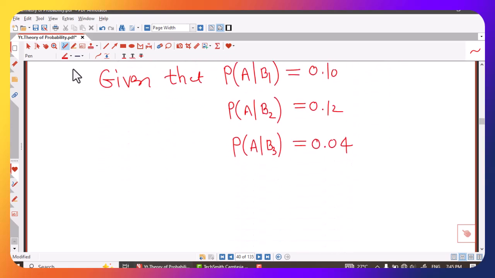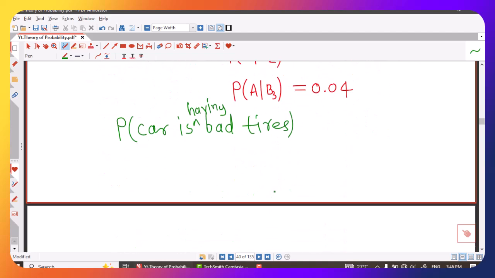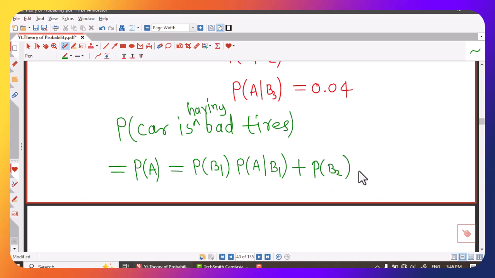So now we are able to determine the probability that a randomly selected car has bad tires, which we have denoted by event A. So this is equal to the probability of A, and by the total probability rule we can rewrite this as the probability of B1 times the probability of A given B1, plus the probability of B2 times the probability of A given B2, plus the probability of B3 times the probability of A given B3.